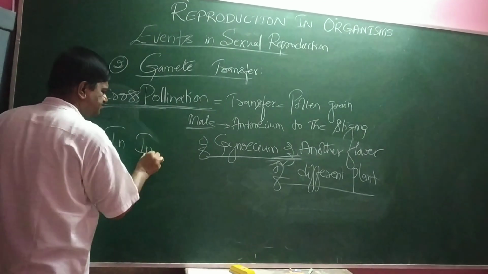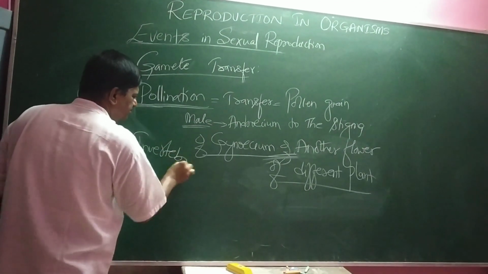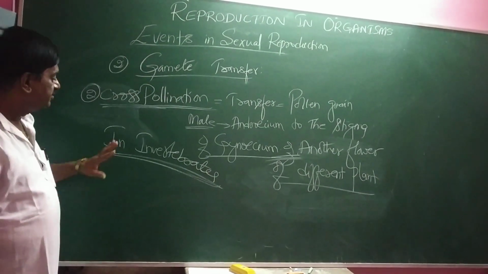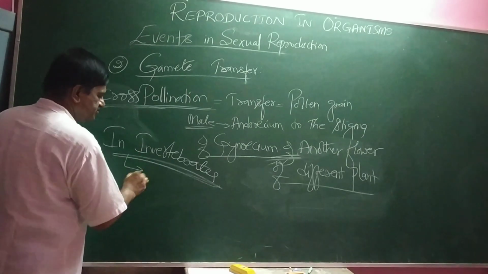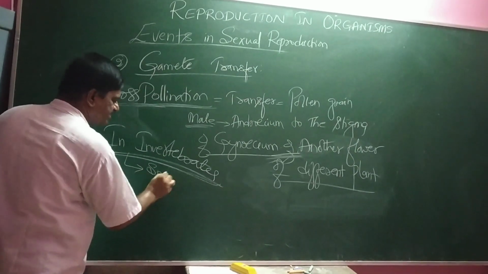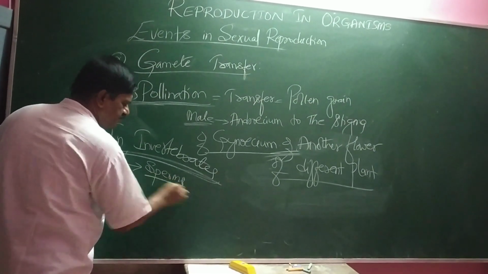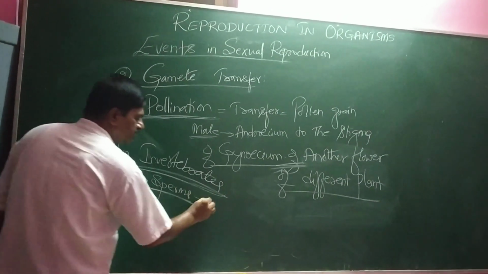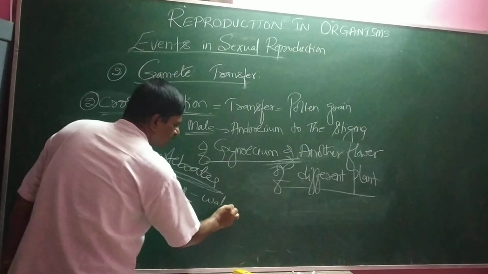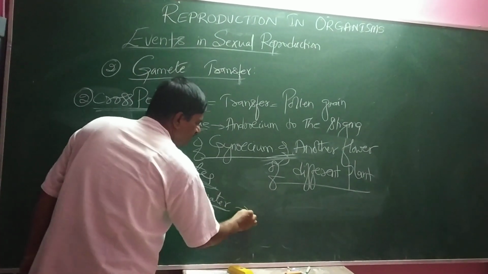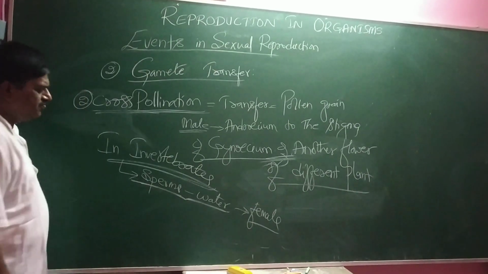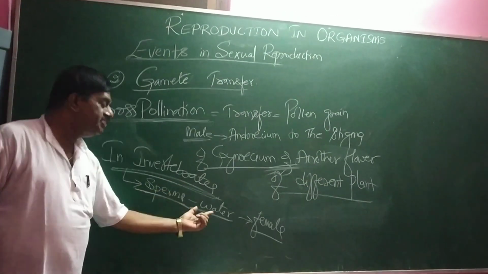Now, we go for some of the examples in invertebrates. Some of the animals, like invertebrates, produce the male gamete called sperms. These male gametes always swim in the water and reach the female gamete. So from the male it is transferred to the female in the water.